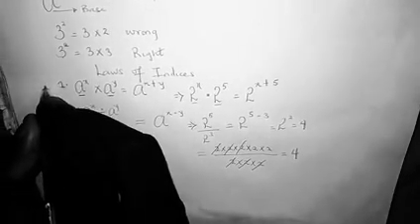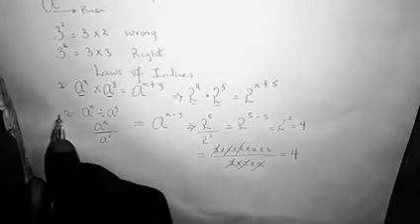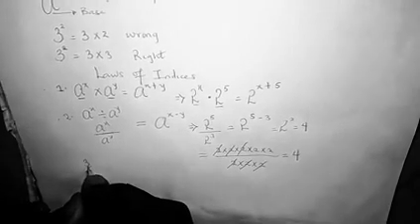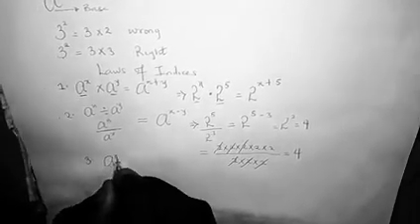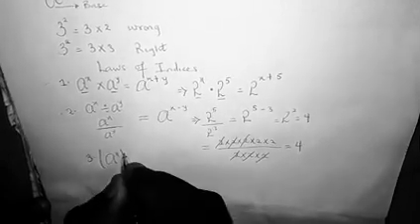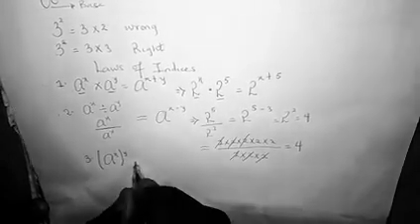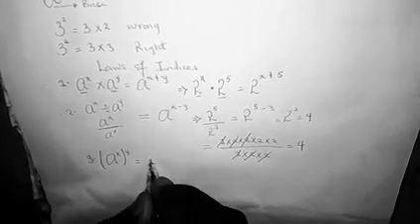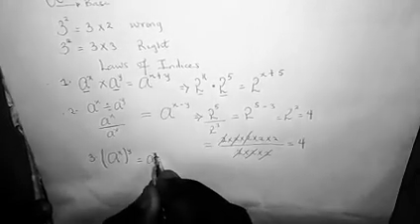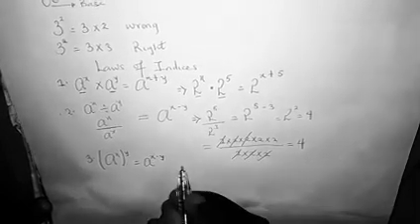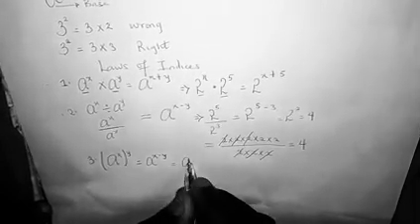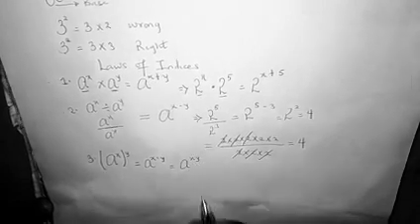This one is called the multiplication rule, while this one is called the division rule. Now the third one is the power law. This one states that if I have a raised to power x with another power outside, y, this will become a raised to power x multiplied by y, which gives you a raised to power xy.